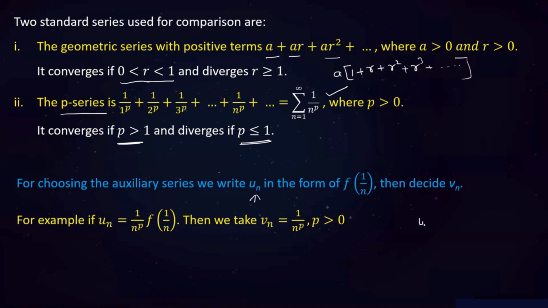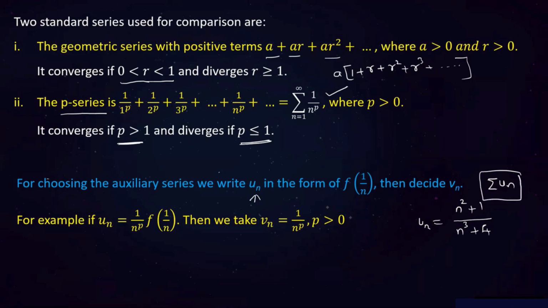Understand it by this example. In case un is given as this, let us say this is the function un and the series is summation un. You want to test the convergence of this series.